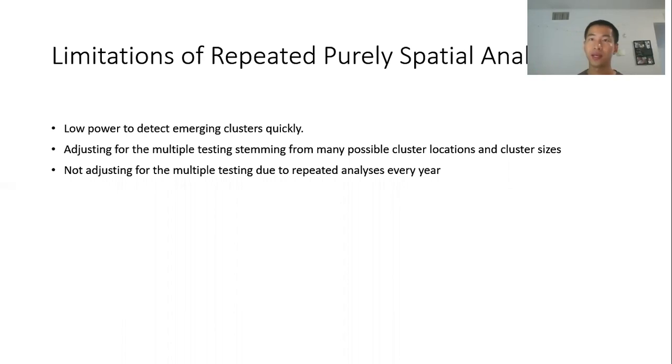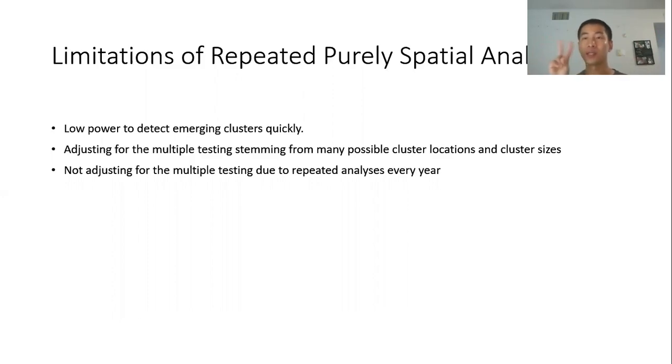If a true excess risk only presented during the last few years, then if we are doing a purely spatial analysis for the whole time period, we will dilute the strength of the clustering by random fluctuations of the rate or by the early years when the risk is not high.